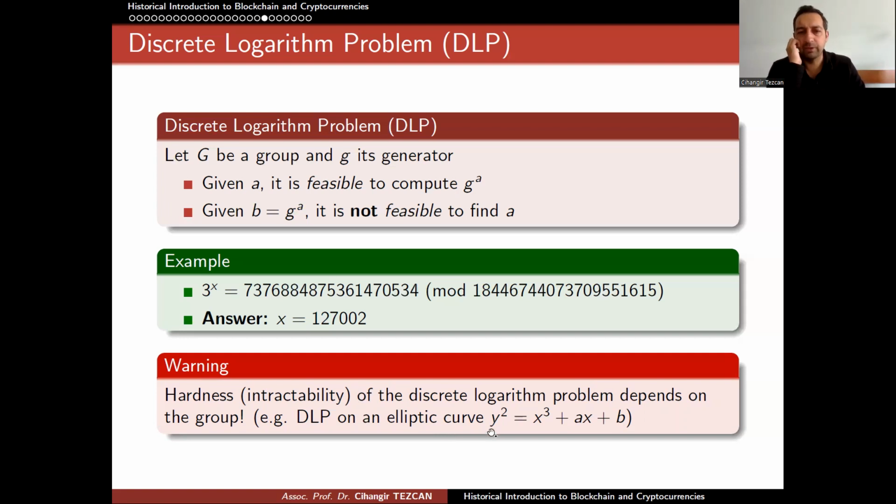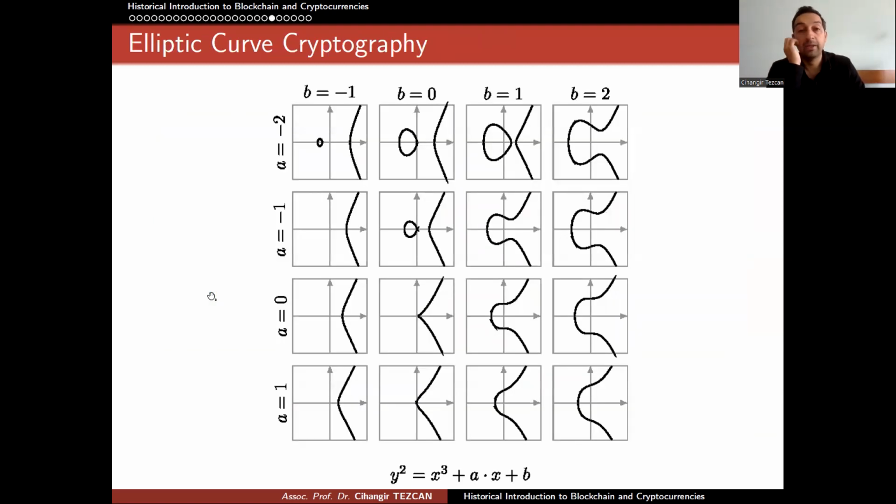So the aim is to define an addition operation on the elliptic curves and change this problem into adding a point on an elliptic curve x many times and giving the result, and then asking what the x is. So elliptic curves are in Bitcoin. Actually, every cryptocurrency after Bitcoin kind of uses these libraries.